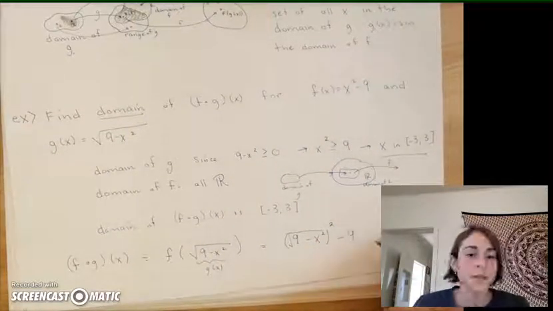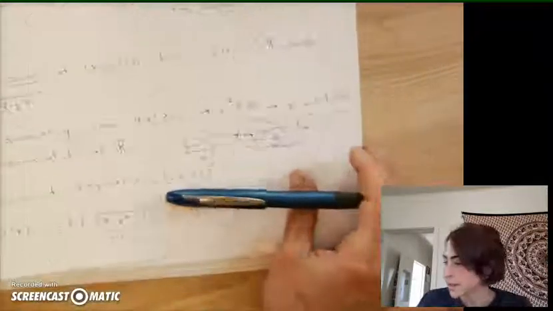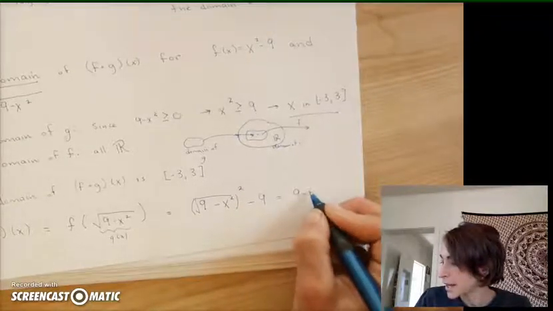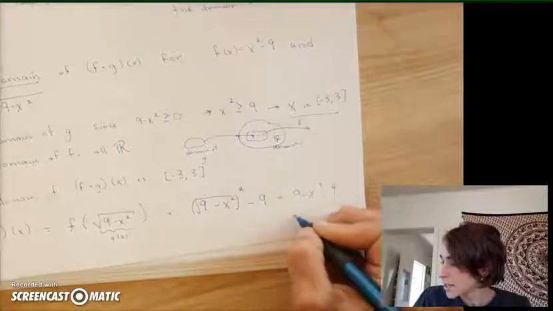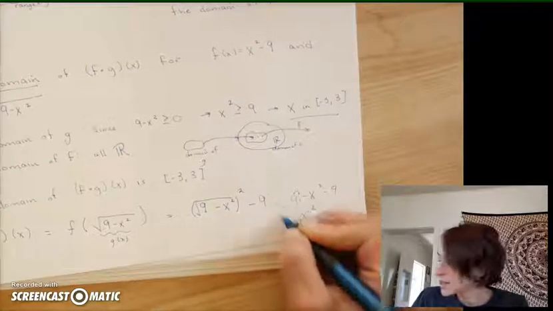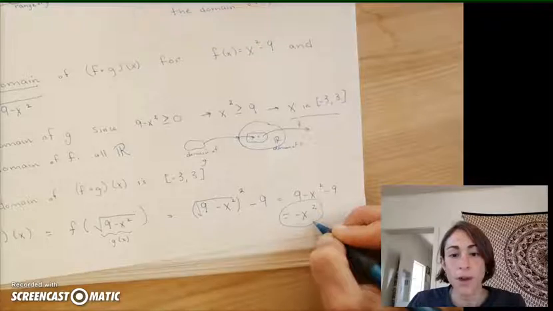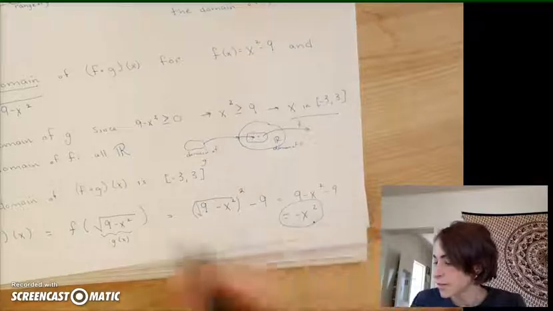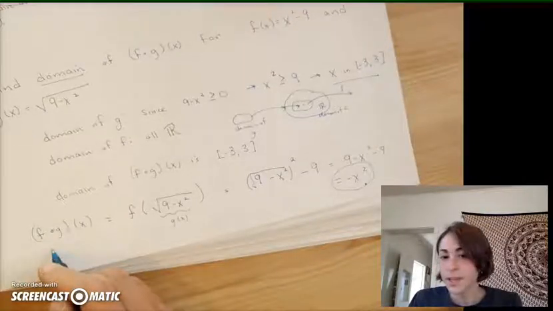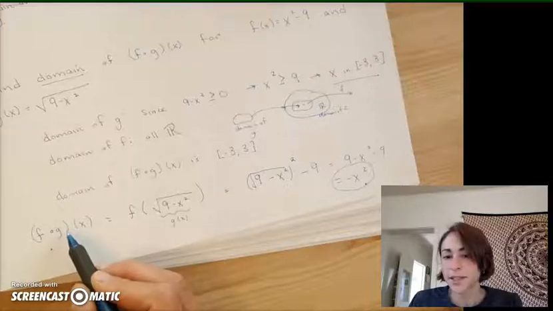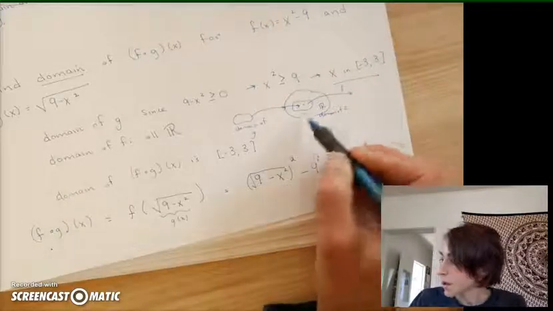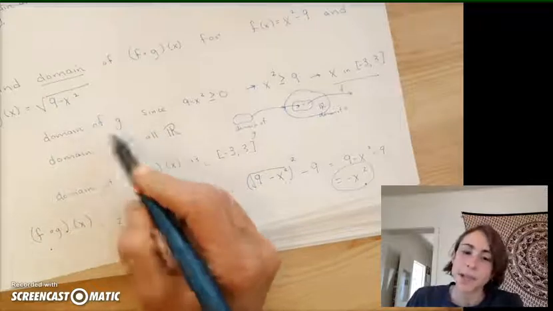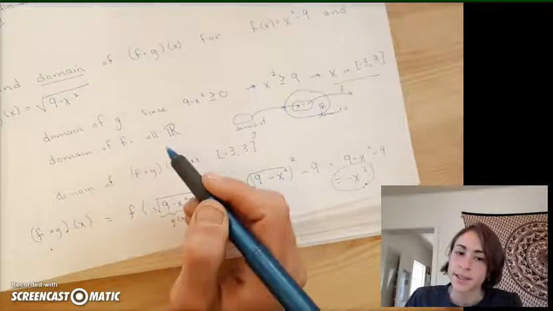When I square a square root, it undoes the square root. So I'm left with 9 minus x squared minus 9, which is minus x squared. It seems like the domain should be all real numbers for this function. But it's not, because we have to plug into g first. So always compute it this way. Figure out the domain of the inside function.